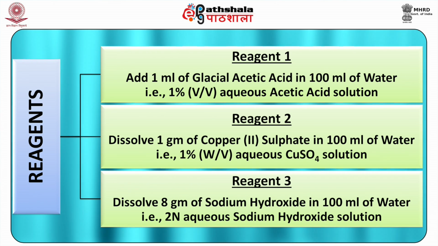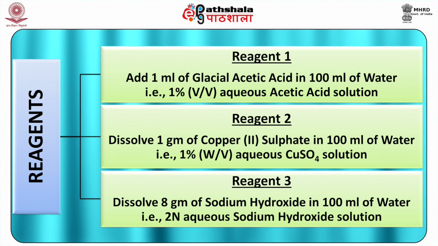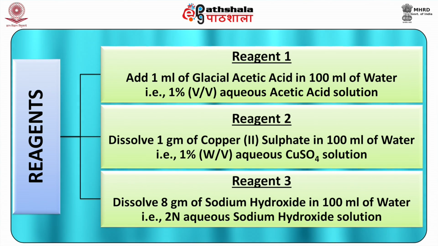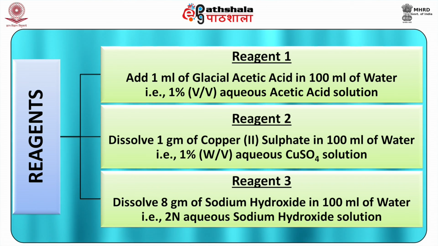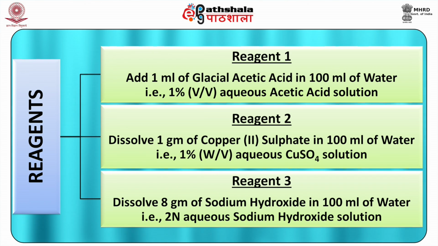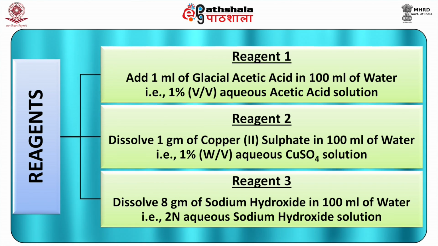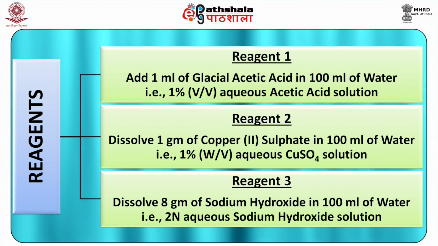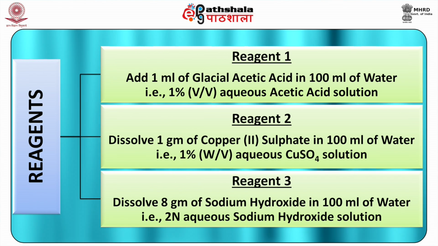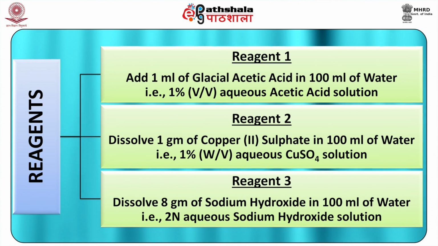Reagent 2 is prepared by dissolving 1 gram of copper sulfate in 100 ml of water, that is, 1% weight by volume aqueous copper sulfate solution. For reagent 3, dissolve 8 grams of sodium hydroxide in 100 ml of water, that is, 2 normal aqueous sodium hydroxide solution.